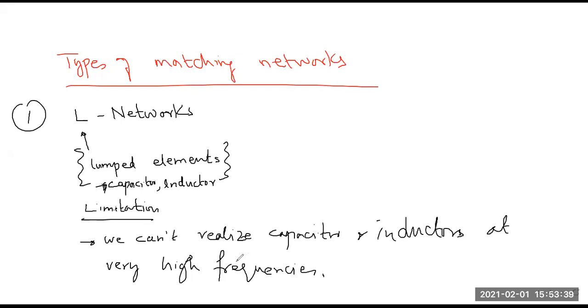But if the frequency is more than that range, then your capacitor will not give you the capacitor behavior, and the inductor may not give you inductor behavior. So this is kind of a limitation that if you are designing an impedance matching circuit for a very high frequency microwave circuit, then L network may not be a suitable choice. Okay.